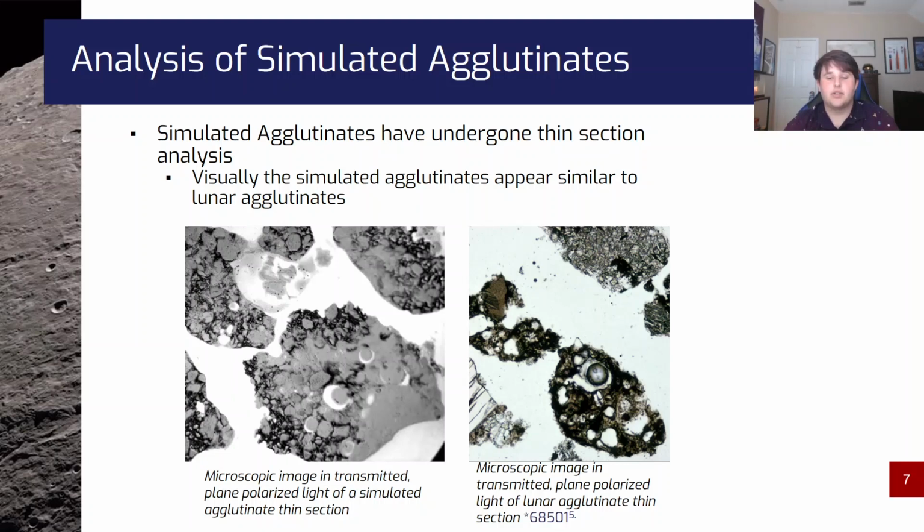On the right-hand side, you can see an actual lunar thin section of an agglutinate, specifically 68501. And you can see here the grains are similar, sort of the grain distribution, as well as the pockets of air that are contained within the agglutinates.